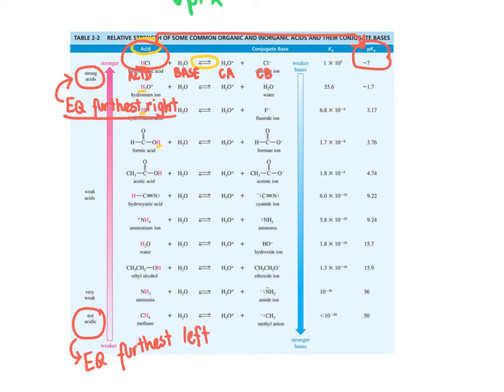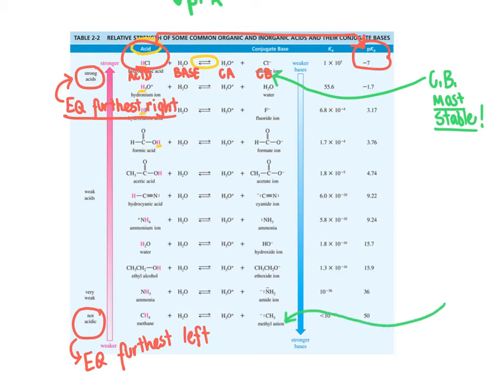The top of the chart here is going to correspond to the conjugate bases that are most stable. So in addition to the pKa value giving us information about the relative strength or stability of the acid, it also gives us information about the relative strength or stability of the conjugate base, the deprotonated form of the acid.